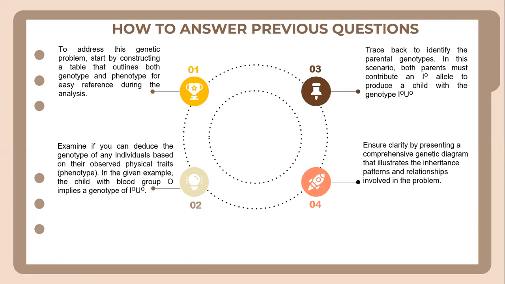In the given example, the child with blood group O implies a genotype of I^O I^O. Thirdly, we have to trace back to identify the parental genotypes. In this scenario, both parents must contribute I^O alleles to produce a child with genotype I^O I^O. And fourthly, you have to ensure clarity by presenting a comprehensive genetic diagram which illustrates the inheritance patterns and relationships involved in the problem.